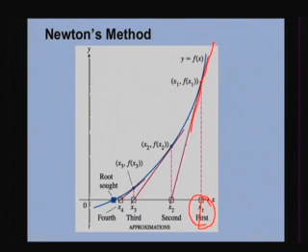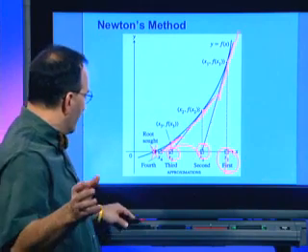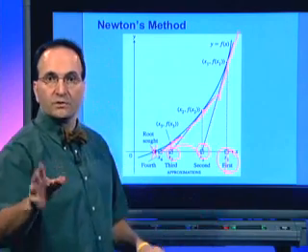Then we use that approximation to find a second point, which brings us a little bit closer. We use that to find a third one, which brings us even closer, and we use yet another approximation until we get to the actual root sought. Well, that's a diagram of the way Newton's method works.